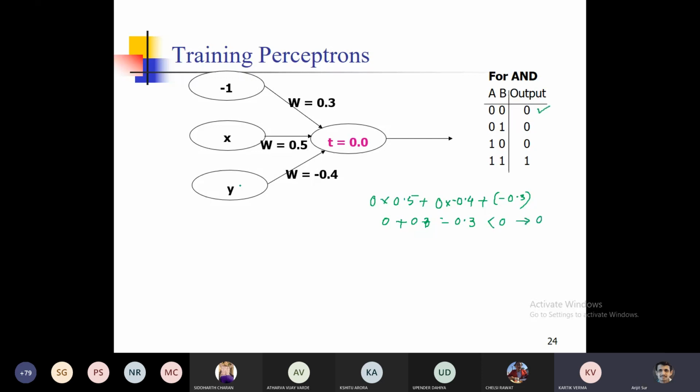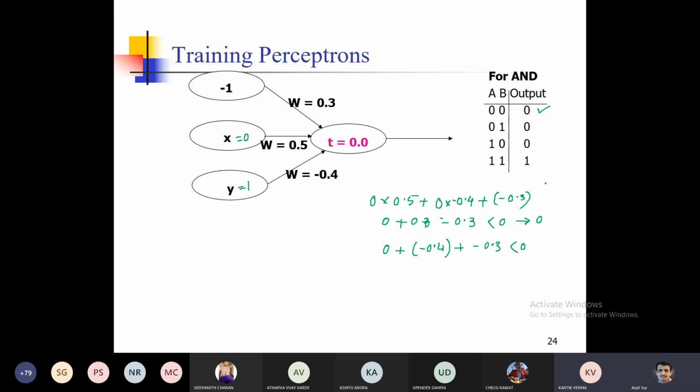Now you put 0, 1. X is equal to 0, Y is equal to 1. So what happened? This is 0, this is minus 0.4, plus minus 0.3.